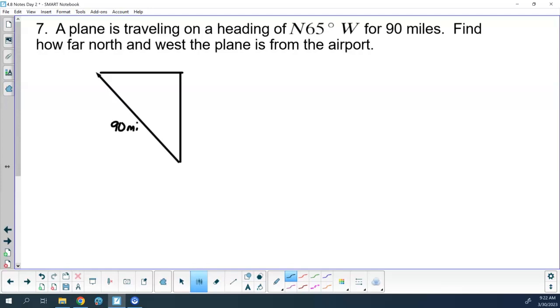Do I know anything else about my triangle? Okay, so this one's 90. This one, the bottom one, is 65. We need to know how far north and how far west the plane is. So we need the other two sides of the triangle.